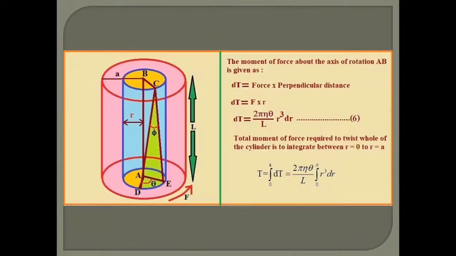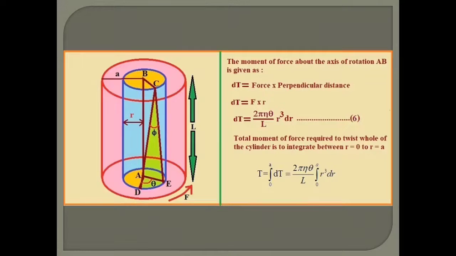Now the moment of force about the axis of rotation AB is given as dt is equal to force into perpendicular distance. Here dt is equal to F multiplied by r.